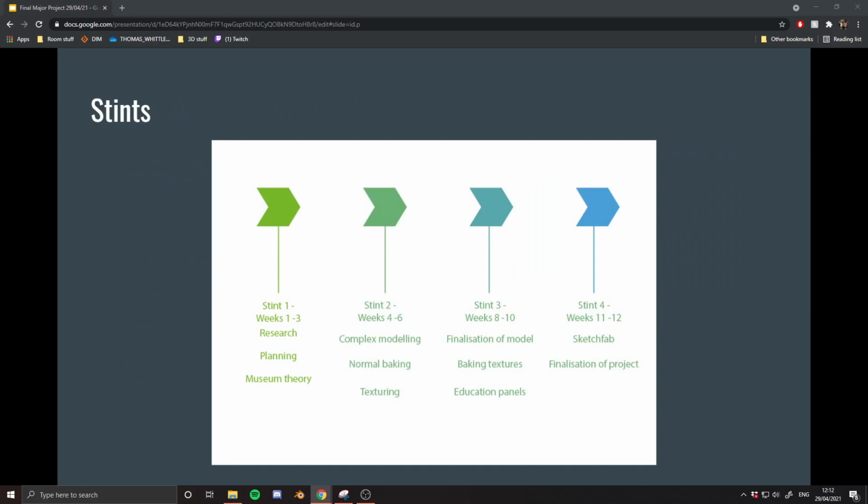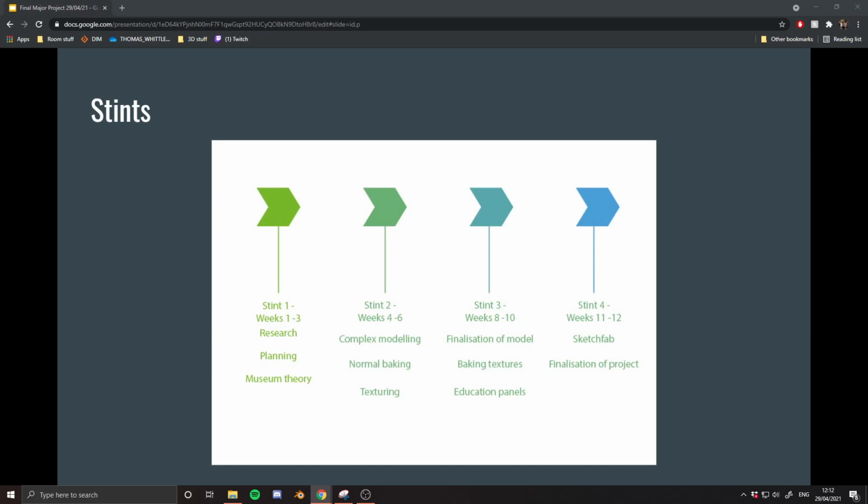So these are my stints. Obviously I had weeks 1 to 3, which was research, planning and museum theory. After that it was weeks 4 through 6, starting on the complex modelling and defining which models I wanted to continue with. Because I had to find the intricate normals, that narrowed down the modelling quite a lot, so I needed to do normal baking and texturing.